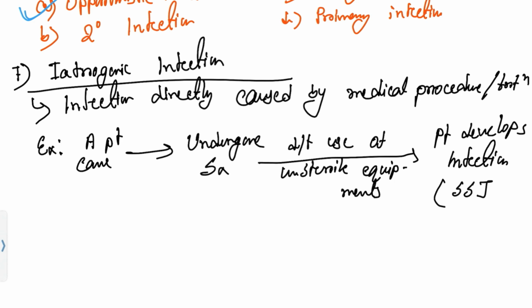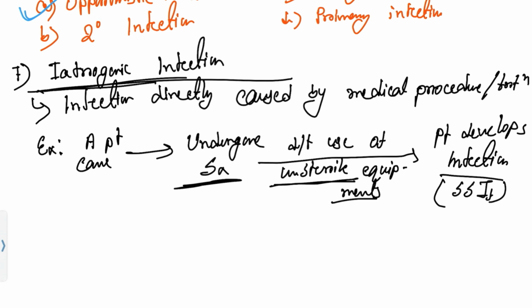Let's think of surgical site infections. So that will be coming under your iatrogenic infections. You need to use sterile equipment in OT, in surgery. Because you used unsterile equipment, the patient develops infection. So that will be coming under iatrogenic infections.